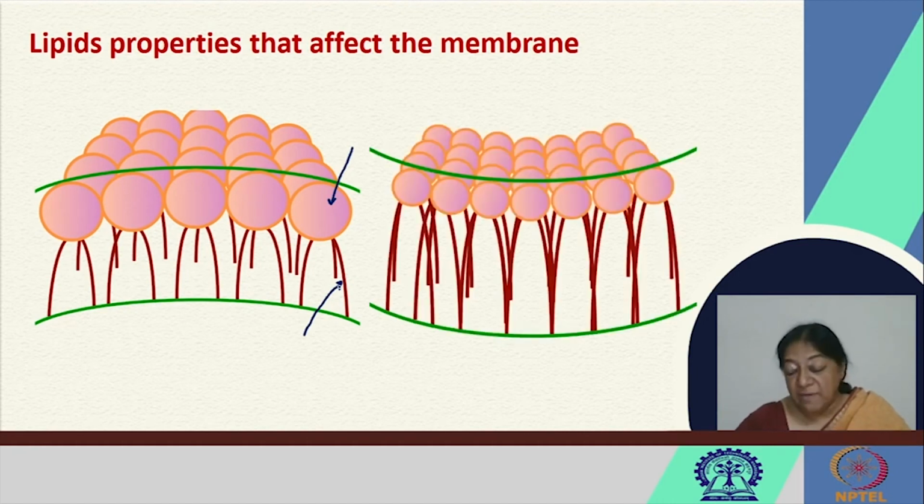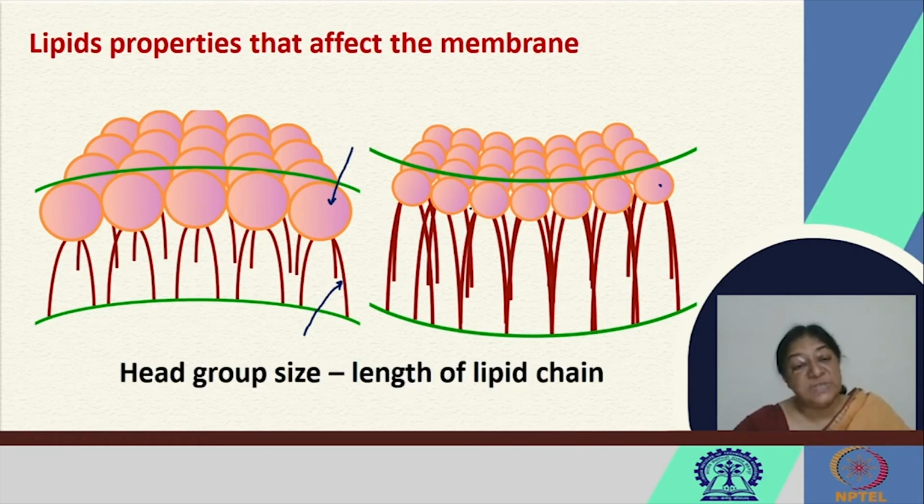So if we have a smaller head group with a longer chain, the curvature will be different. So based on the head group size and the length of the lipid chain, it is possible to get different types of curvatures associated with what are called the leaflets of the membrane.